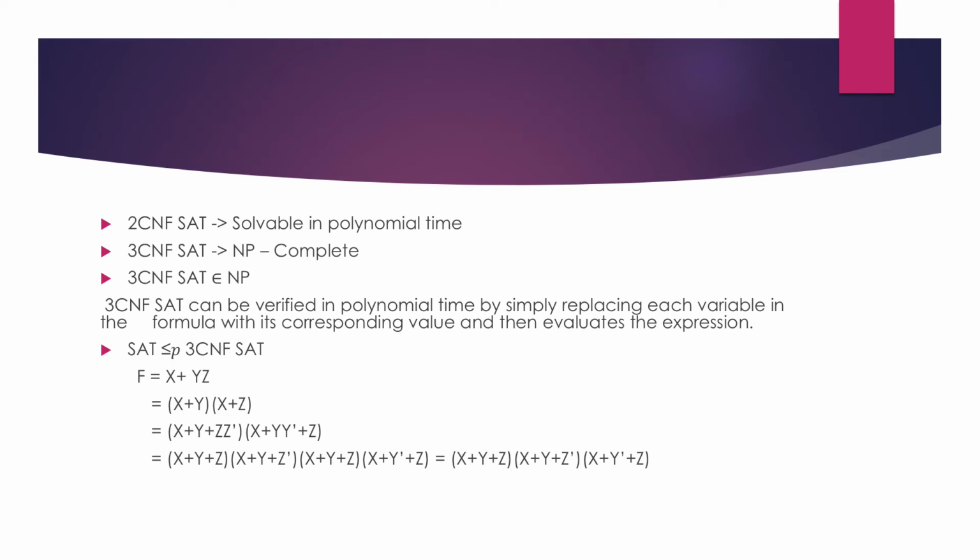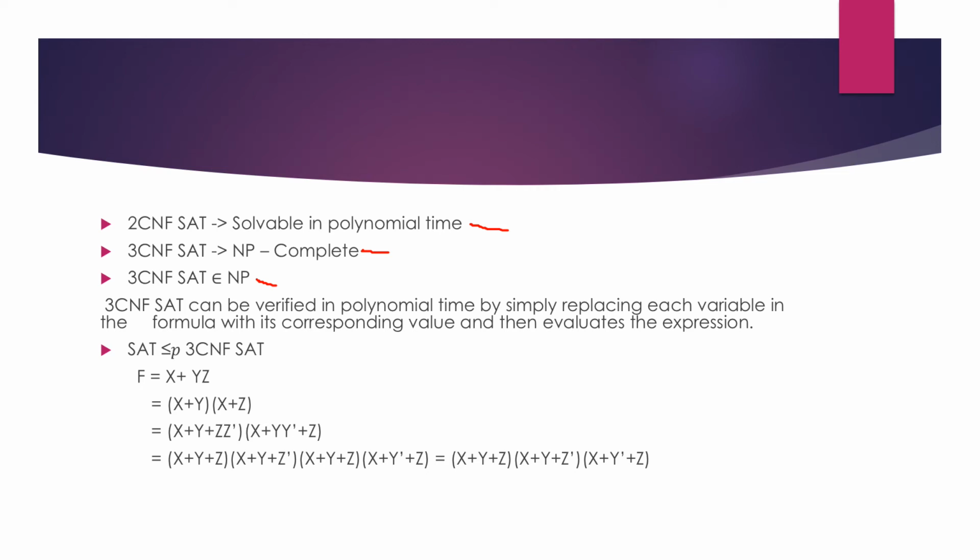So why do we study the CNF SAT problem? Because it is very important for proving NP completeness. We should know that 2CNF SAT is solvable in polynomial time and 3CNF SAT is an NP complete problem. First we will see that the 3CNF SAT problem belongs to NP. This verification can be done in polynomial time.